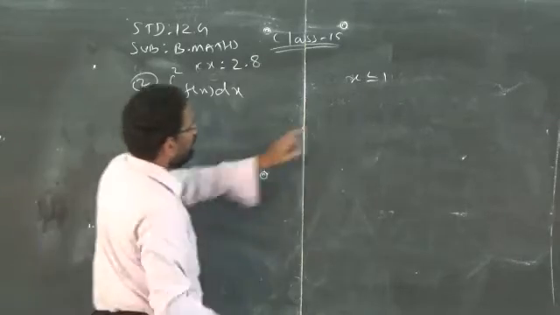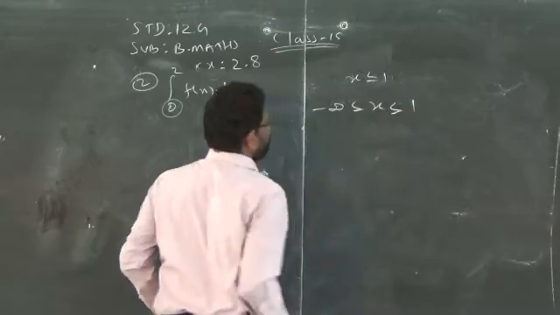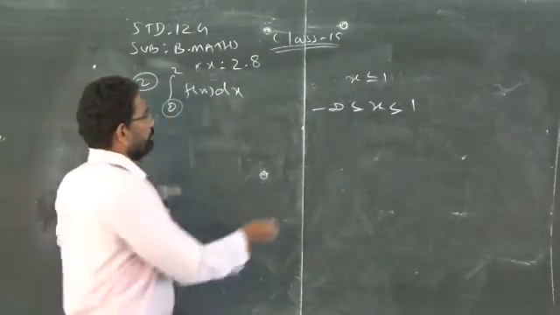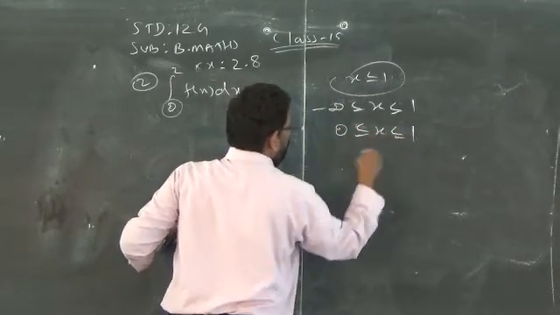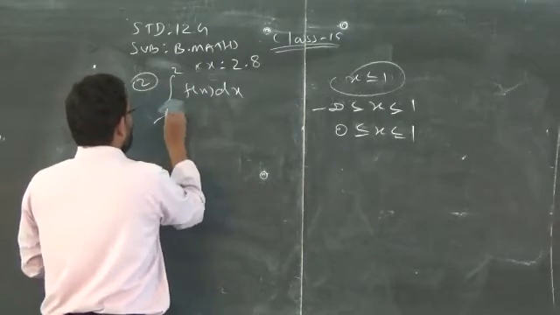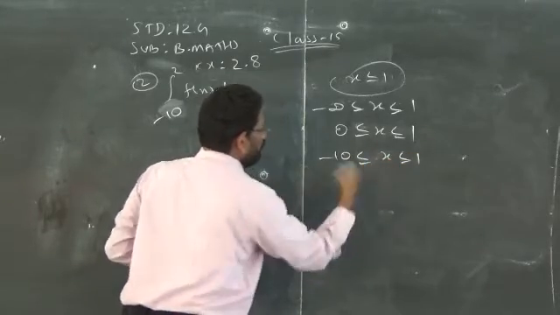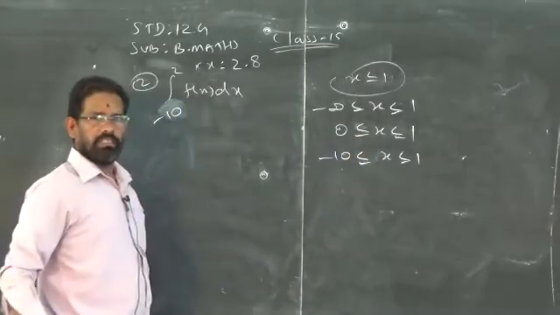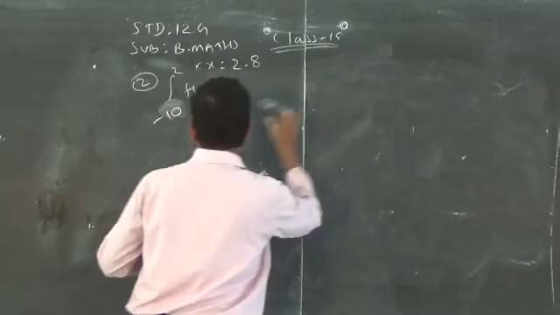If it were given generally x less than or equal to 1, the limit would stand like that, but here the lower limit is 0, so we have to replace it. If it were given minus 10, then you would write the lower limit as minus 10 to plus 1. Clear? So be careful of using the limits.